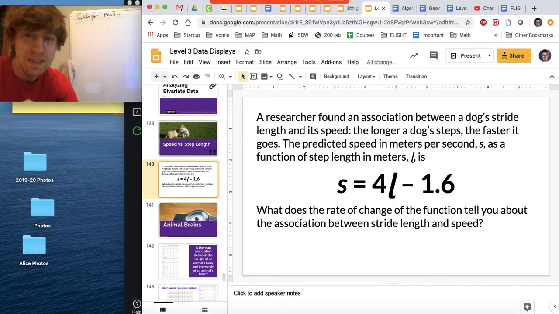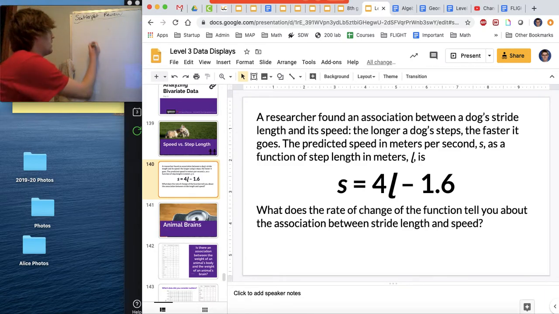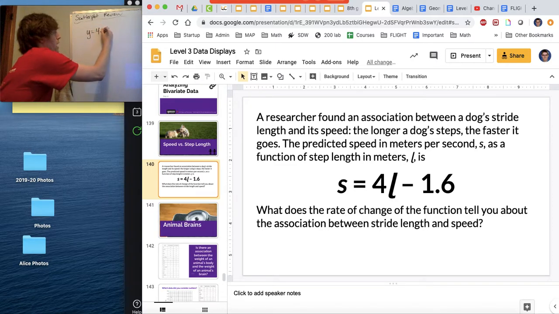The predicted speed in meters per second, S, as a function of step length in meters, L, is blah. I'm not a big fan of S and L, so I'm just going to rewrite this as y and x. y equals 4x minus 1.6.